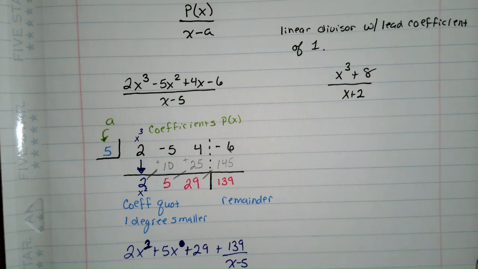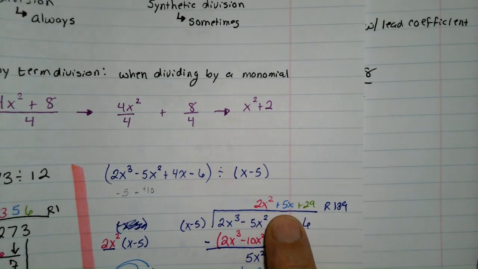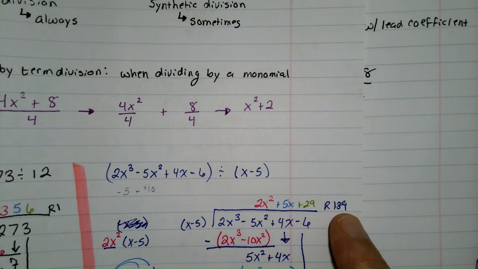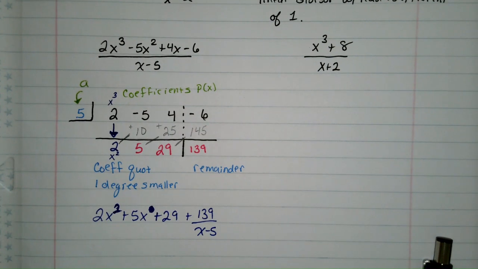And if you look back, 2x squared plus 5x plus 29 with a remainder of 139. That's exactly what we got, especially once I fixed my little boo-boo that I almost made. Don't make that boo-boo. Okay.